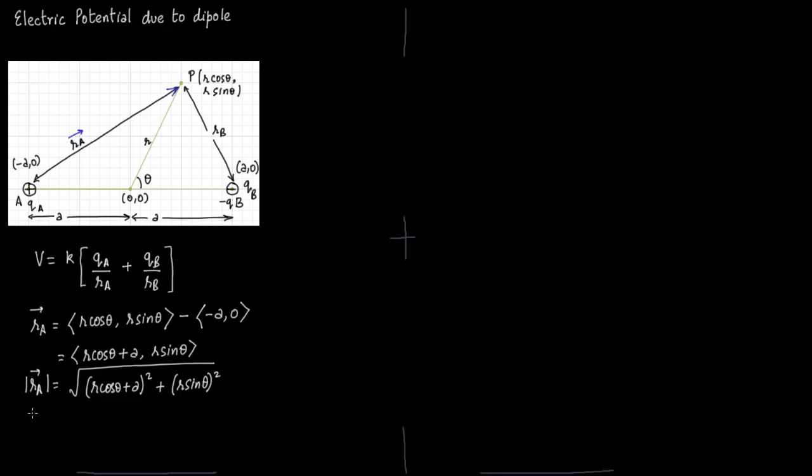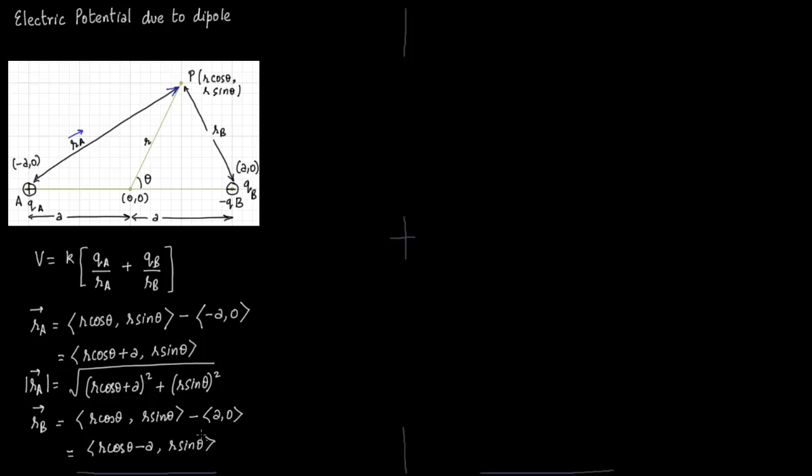Now similarly we compute the RB vector. The RB vector would be the coordinates of point P, which is nothing but the OP vector, r cos theta, r sin theta, minus A, 0. So the RB vector is r cos theta minus A, r sin theta.